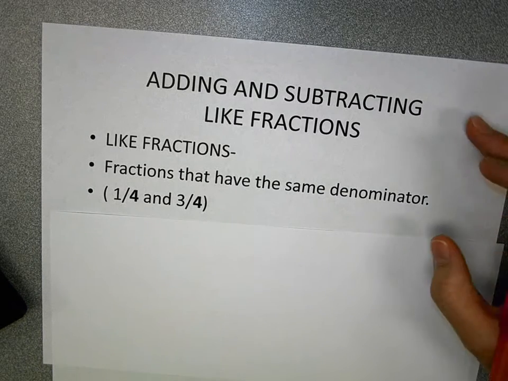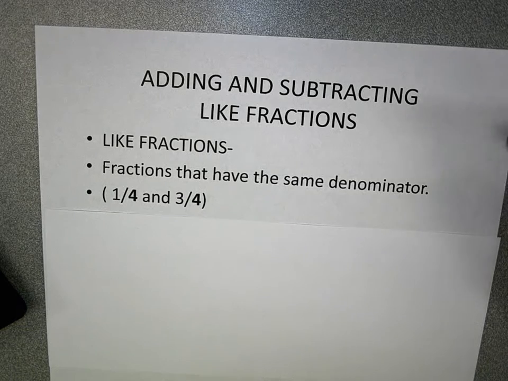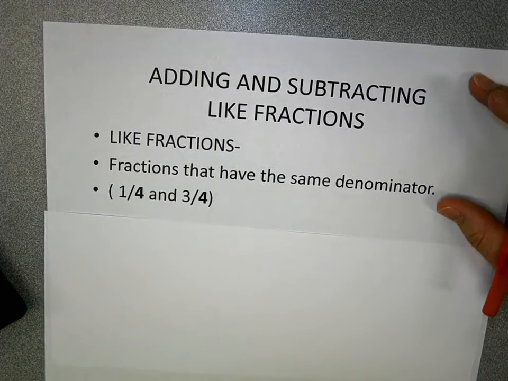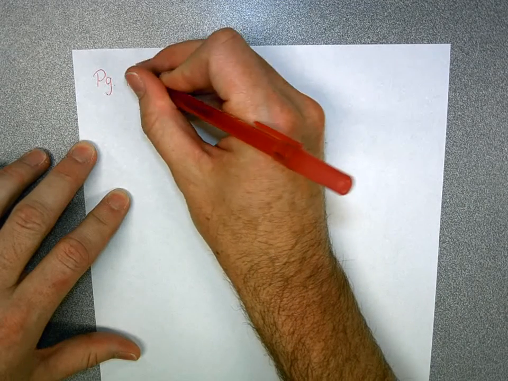So let's go ahead and grab our book and a piece of paper. Go ahead and let's start our examples together. Take your paper. Make sure your name, date, and period is up at the top. Okay, flip your book open to page 123.